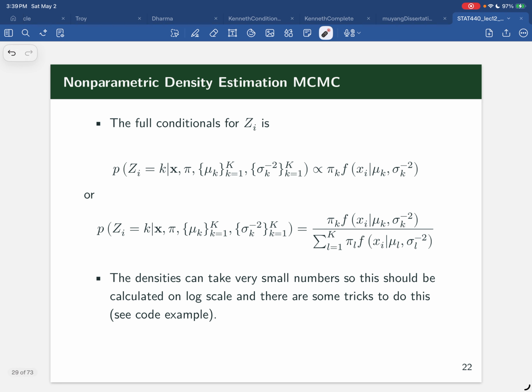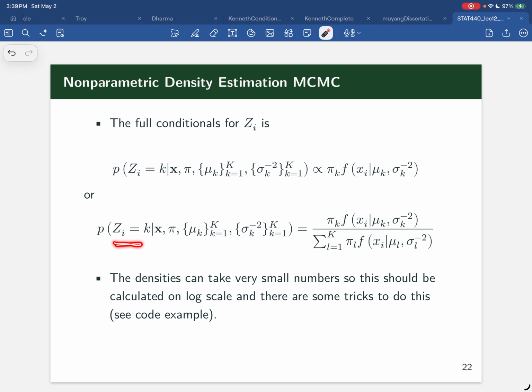So just jumping in, the full conditionals for the z's are, I think, most easily seen here. Given mu and sigma, so assume I know the Gaussian bump, and assume I know the probability associated with the Gaussian bump.